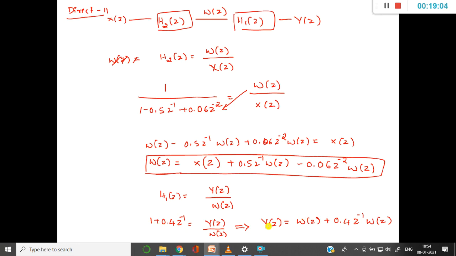So let us try to implement these two equations. That itself is nothing but a direct form 2. So here for implementation purpose, let me write it once again.